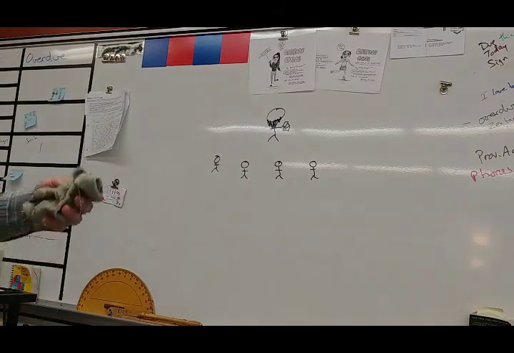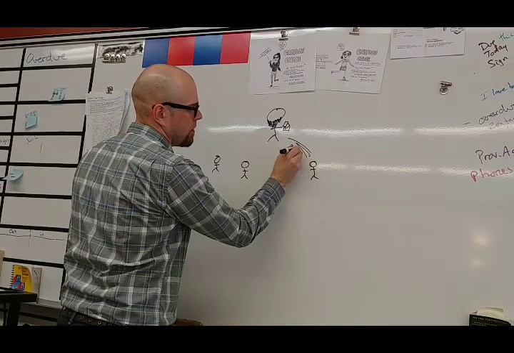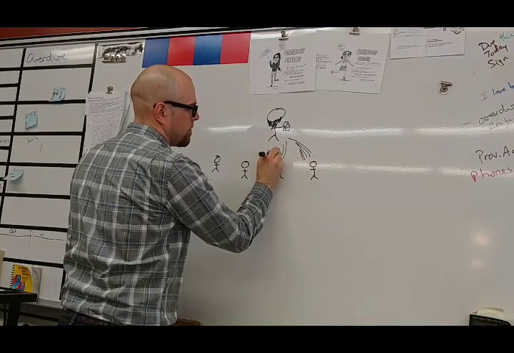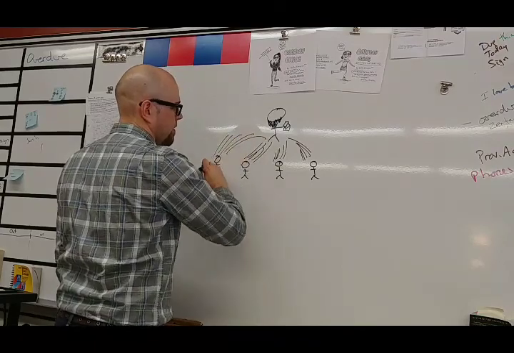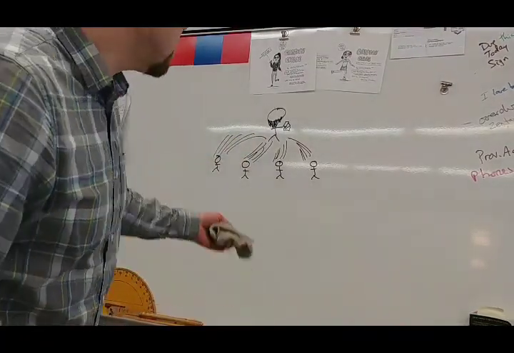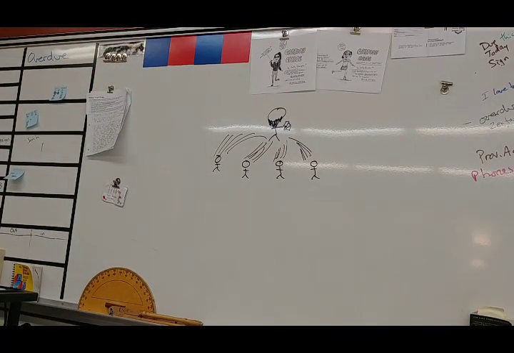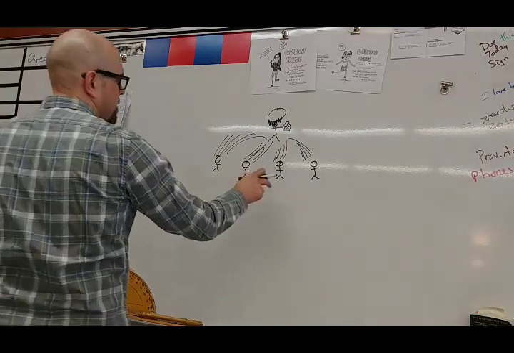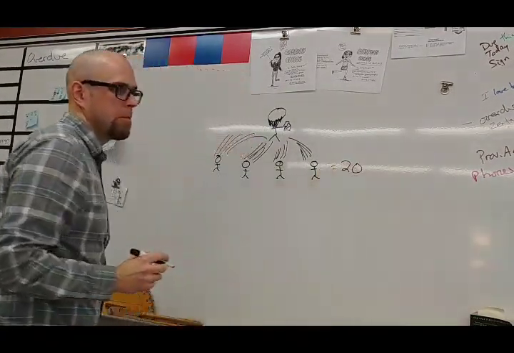And it says he gives each of them 5 gift certificates. 1, 2, 3, 4, 5, for each of them. It says how many gift certificates did Grandpa have in the first place? Well, as you can clearly see from the picture now, he had 5, 10, 15, 20 gift certificates.